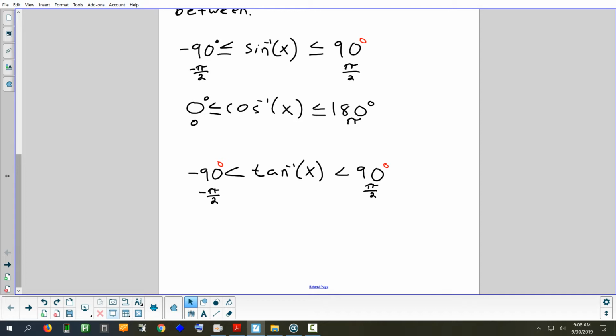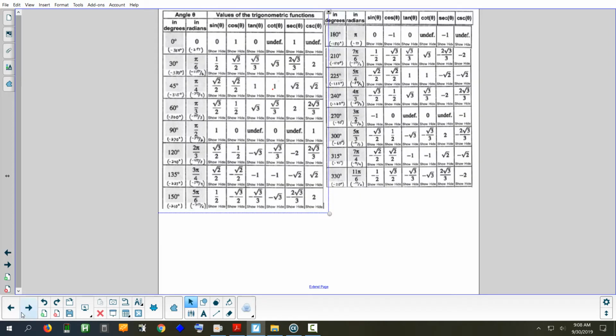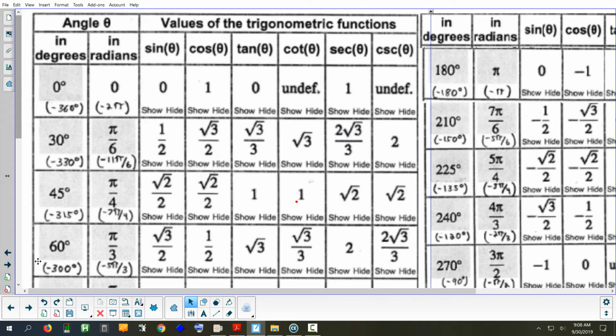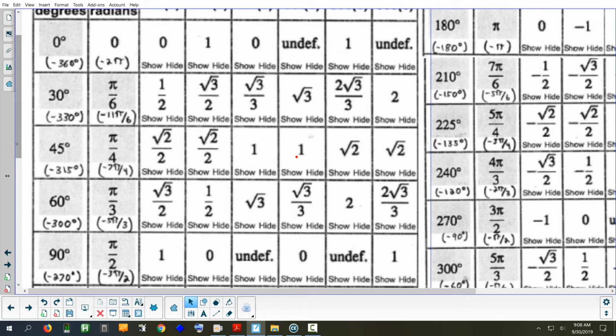Look at the tangent column, and look at the number 90 in the tangent column. When you look at 90 in the tangent column, if I scroll down a little bit, what do you see? Undefined, right? That's why it can't equal 90, because if you equal 90, it's undefined. Why? We did it last week on the circle.